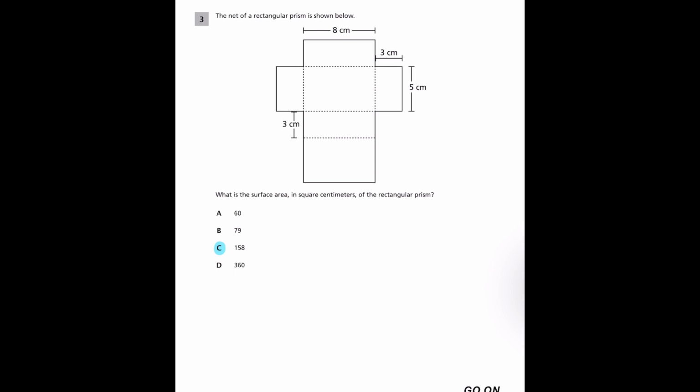The net of a rectangular prism is shown below. What is the surface area in square centimeters of the rectangular prism? So the key to this is recognizing the area of each of these rectangles. Some of these have the exact same dimensions. So this one is 8 by 3.